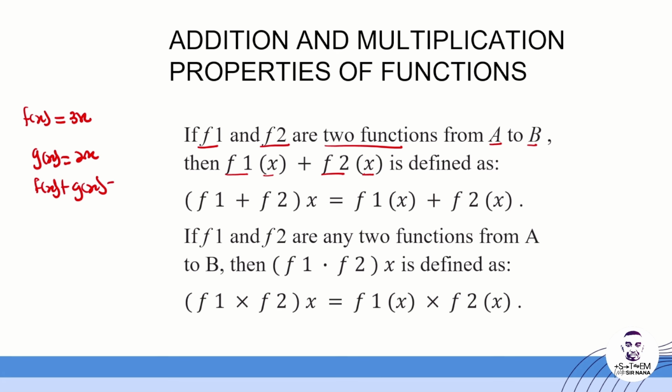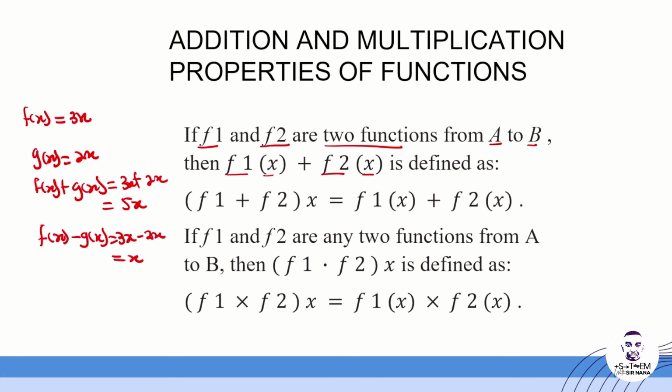So when we are summing this, we can have 3x plus 2x, and that gives us 5x. We can as well perform subtraction, where we have f of x minus g of x, and that will be 3x minus 2x, and that will give us x.